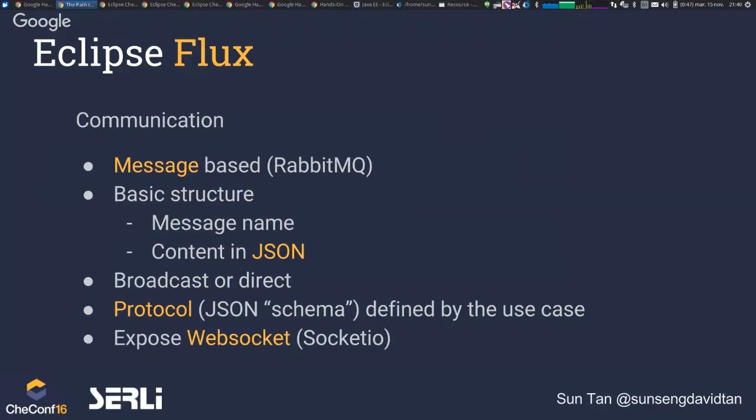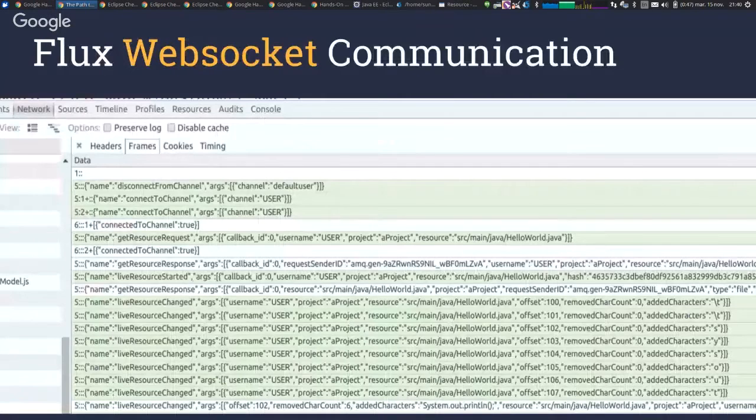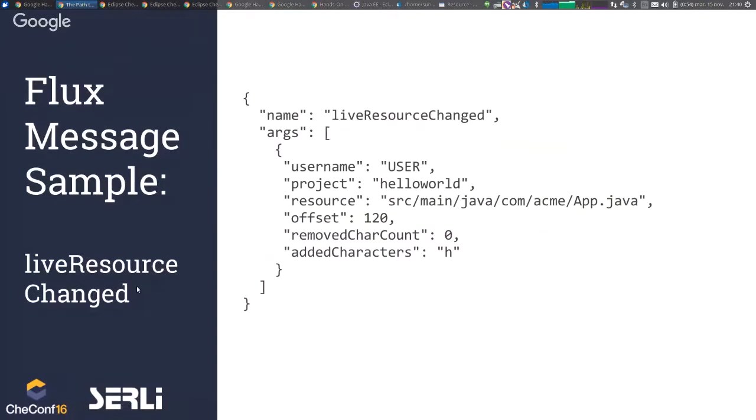If we have a look at one pair programming session, and we open the Google DevTools in Chrome, in the network tab, we can see all the messages being exchanged. One of the messages exchanged over WebSocket is a live resource change. This message looks like this in JSON. It is sent by one of the editors when I type the letter H on the keyboard.